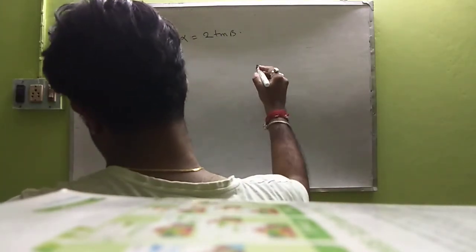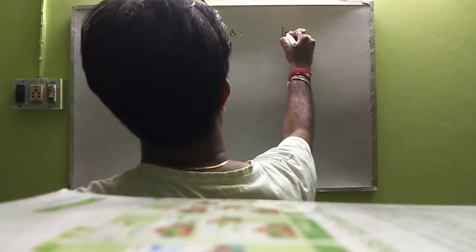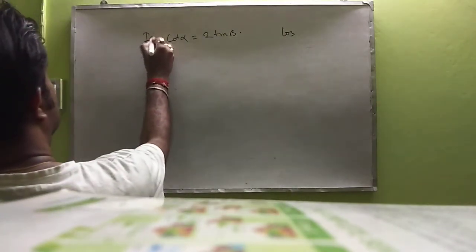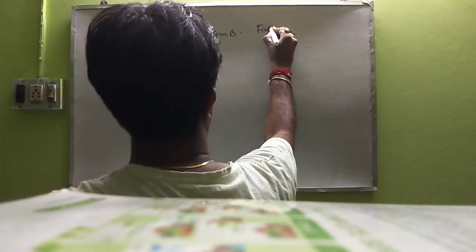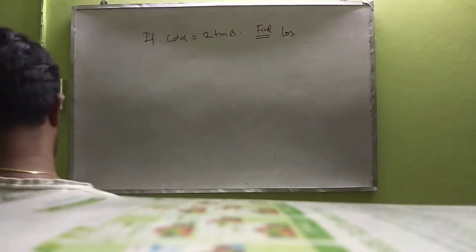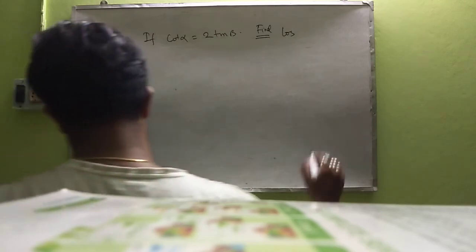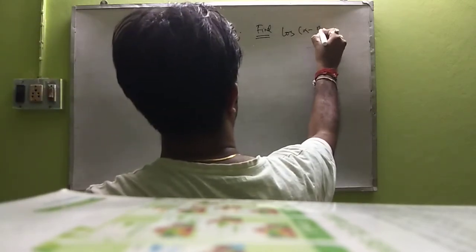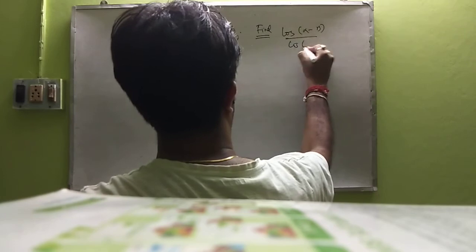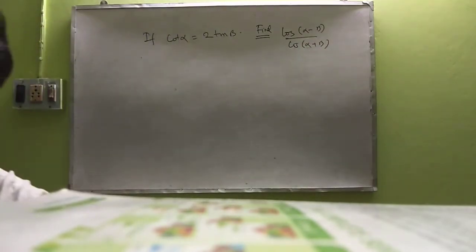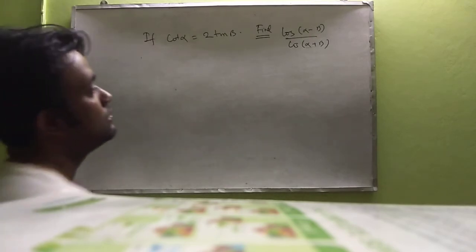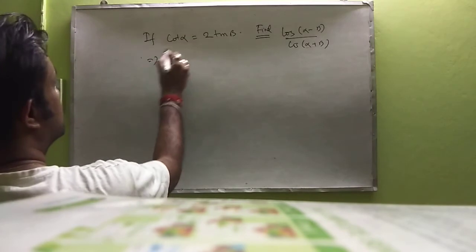If cot alpha is equal to 2 tan beta, find cos of alpha minus beta over cos of alpha plus beta. We should follow the previous sum to do this.